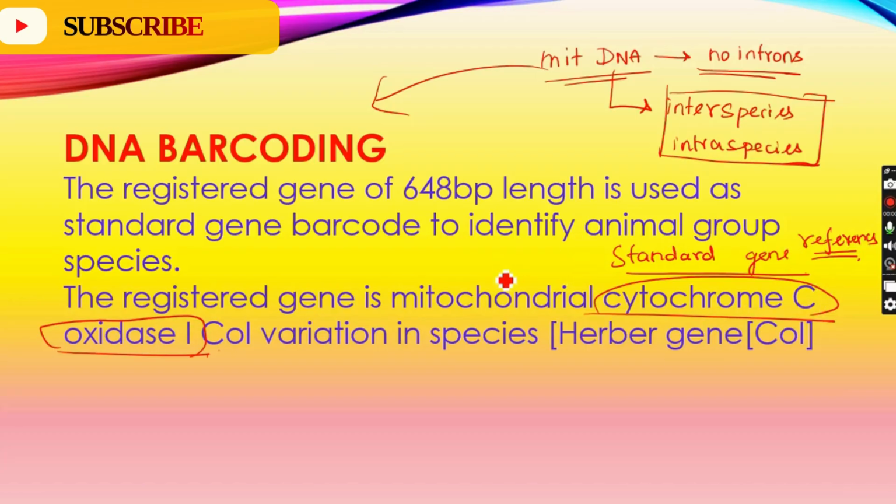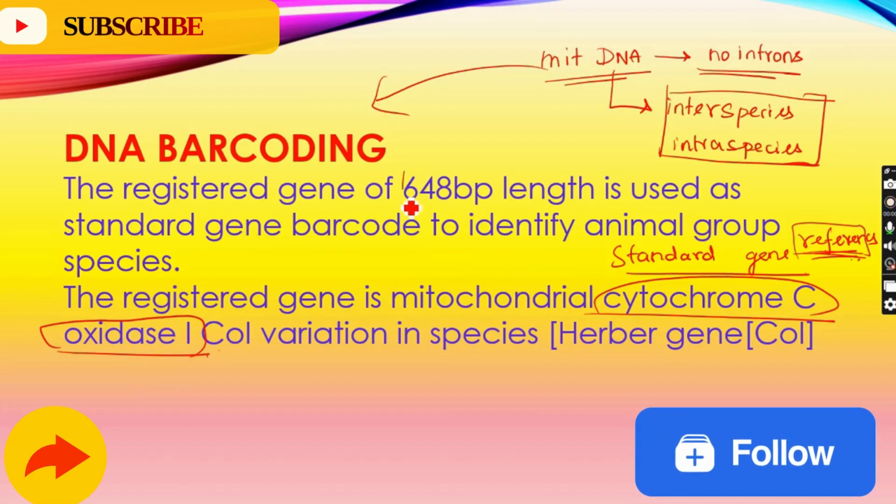So if we are going to identify a species, this cytochrome C oxidase gene is going to be a reference gene. Based on this reference gene, a species is going to be identified. This reference gene, cytochrome oxidase 1 gene in mitochondrial DNA, is about 648 base pairs in length.